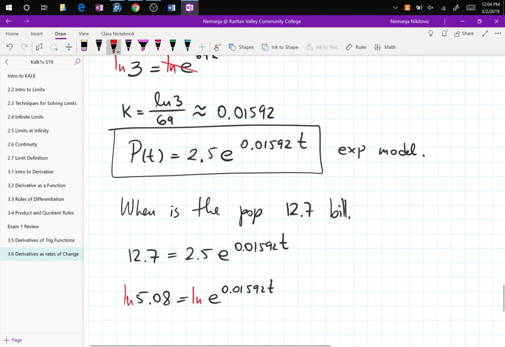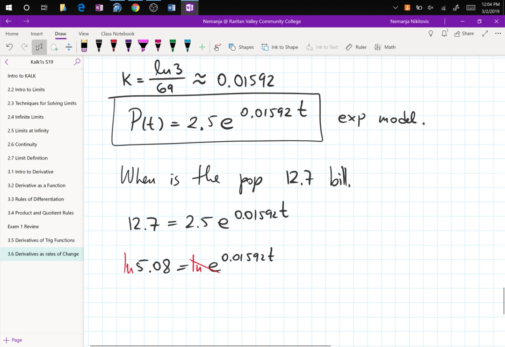Ln both sides. That kills e. So we have ln of the answer divided by 0.01592 to give us t equals 102.09, so just 102 years.